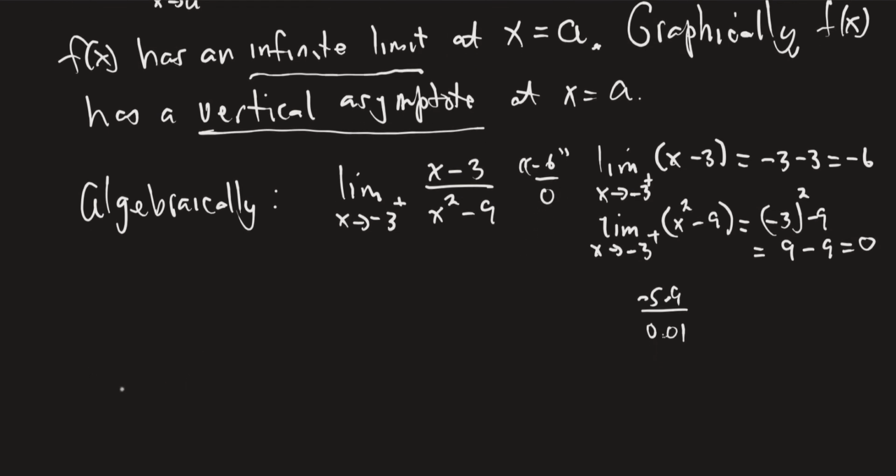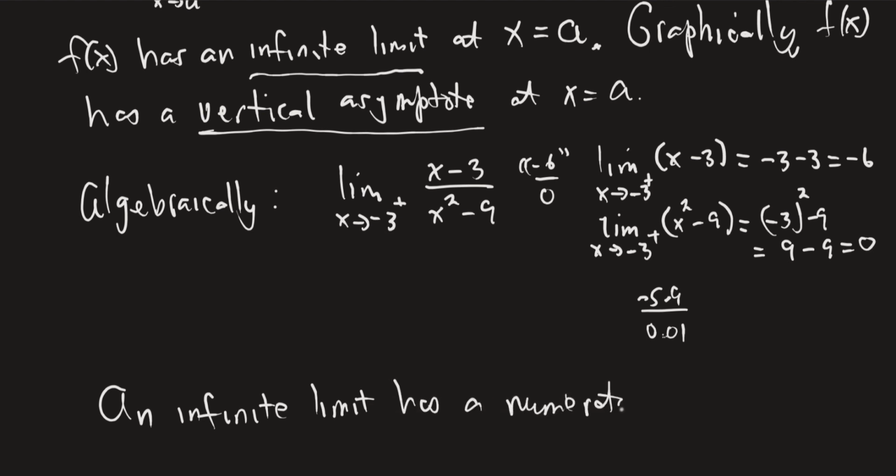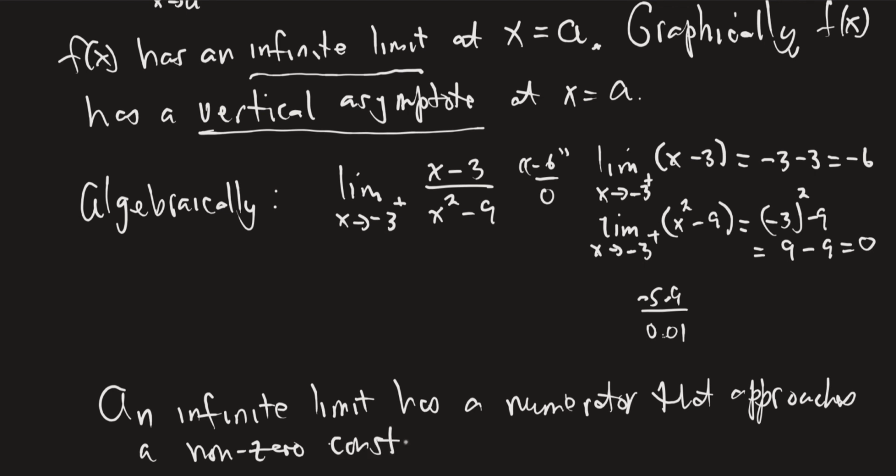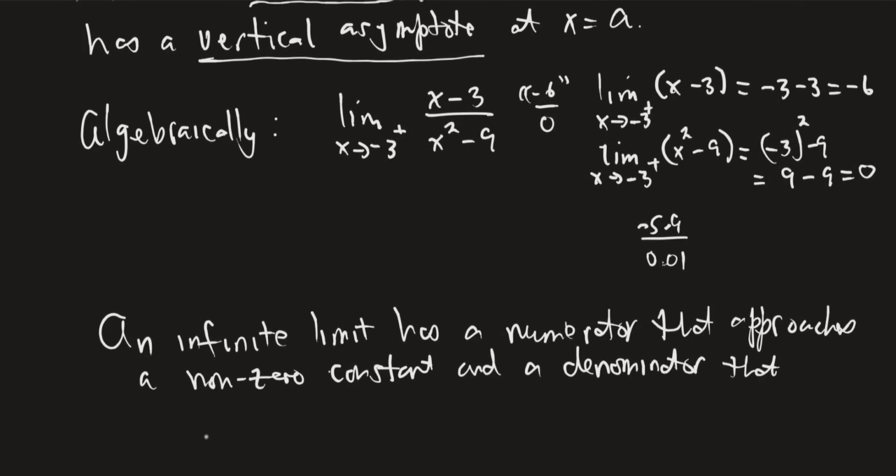So algebraically, an infinite limit has a numerator that approaches a non-zero constant, like -6 or 10 or a half, right? And a denominator that approaches 0.